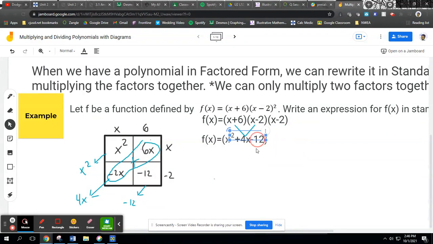And we have x squared plus 4x minus 12. Some Chromebooks will automatically make it an exponent though when you type, if you have it set up. And we still have this x minus 2 right here. We're not done. Now we have to multiply this quadratic factor by this linear factor.